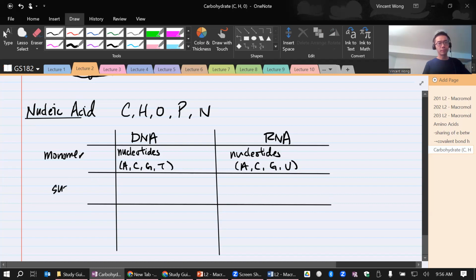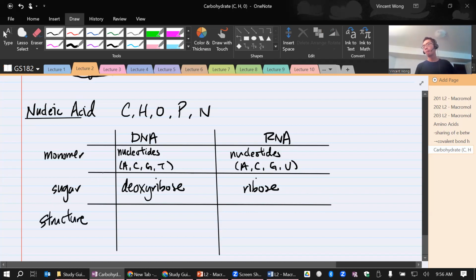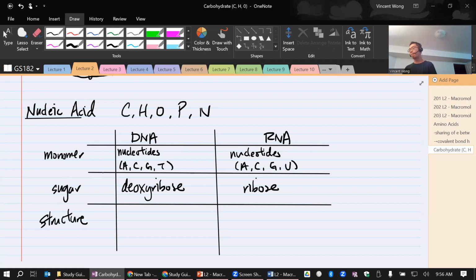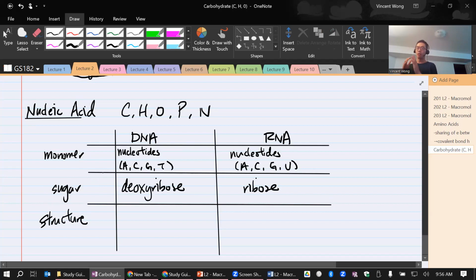And then sugar: this is deoxyribose, and this is ribose. Structure would be double helix, double-stranded, and single strand.